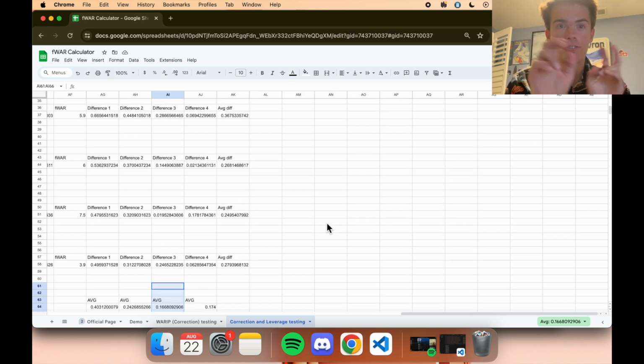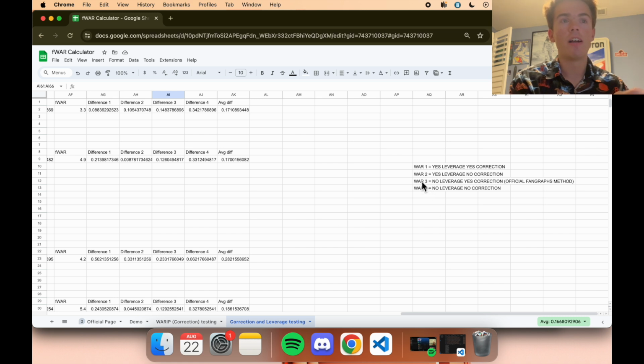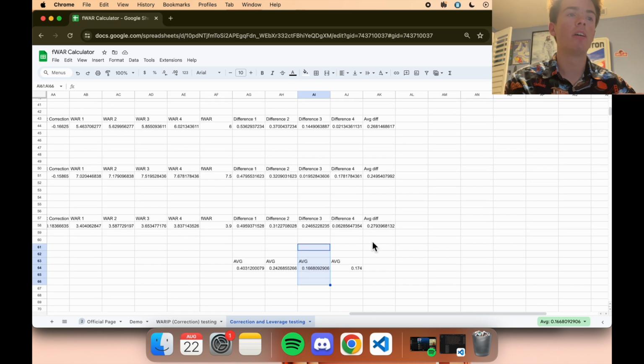The third version of WAR, which is not using leverage, yes using correction, like we just did for Marcus Stroman, that was the most accurate.